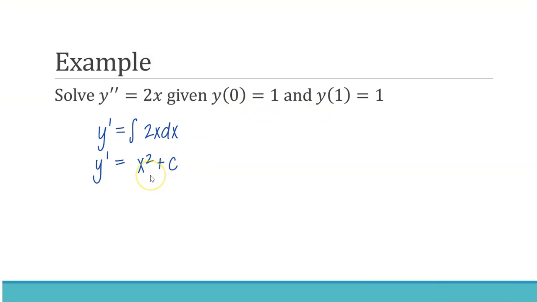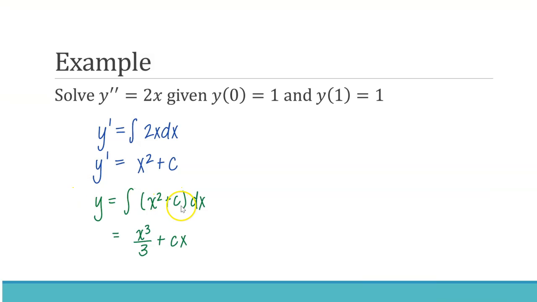So we are still in search of that original function y, so I'm going to have to integrate one more time. So now I'm going to say y is equal to the integral of x squared plus c dx, remembering that c is some numerical value. So when I integrate this, I'm going to get x cubed over 3 by the power rule for integrals, plus c times x.